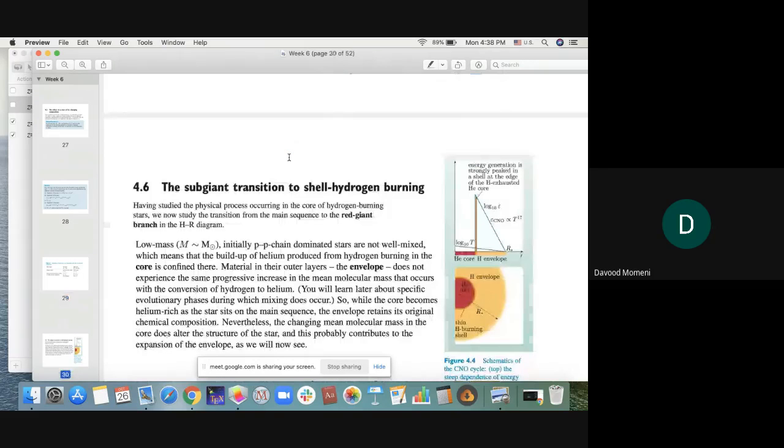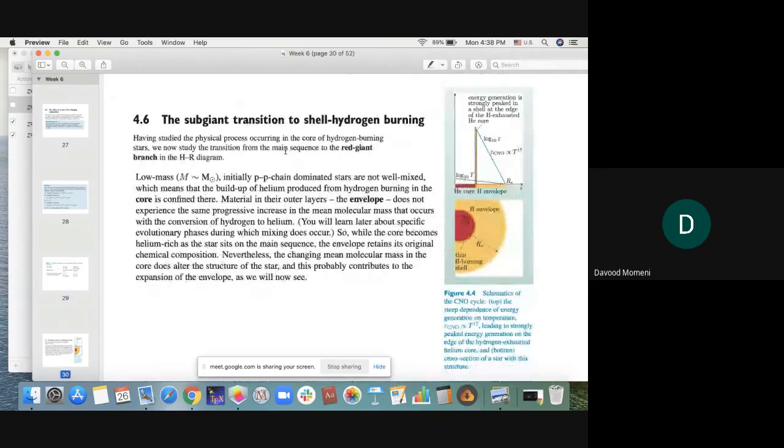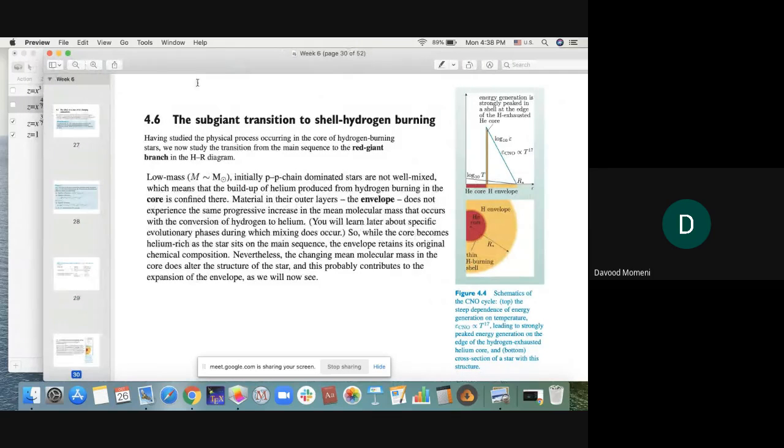Okay, so what was the question? The question we started to study was the time a main sequence star takes to transit from the main sequence to the red giant. This question is related to the age of the stars.